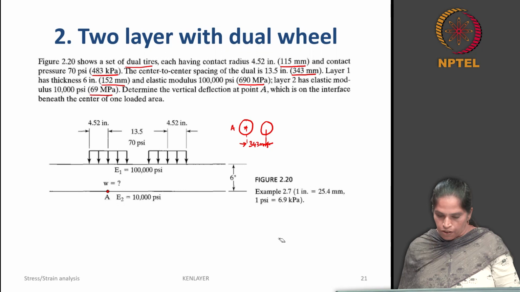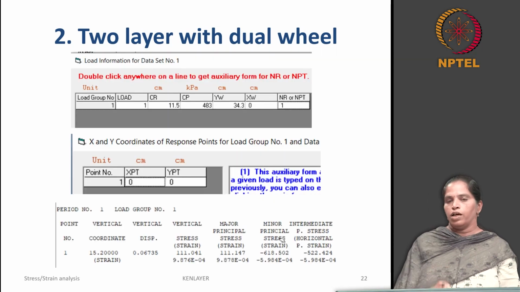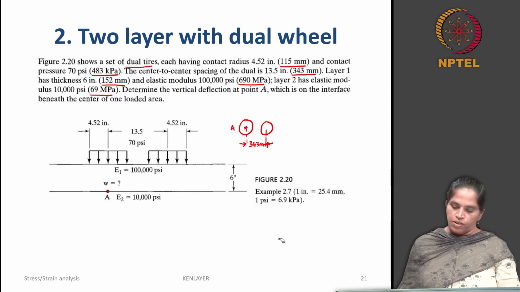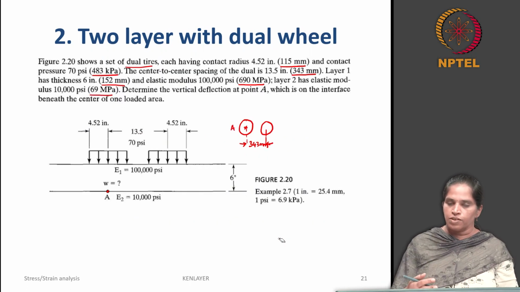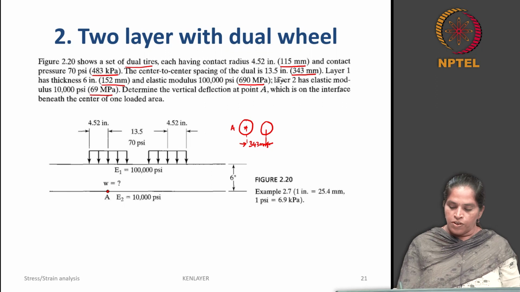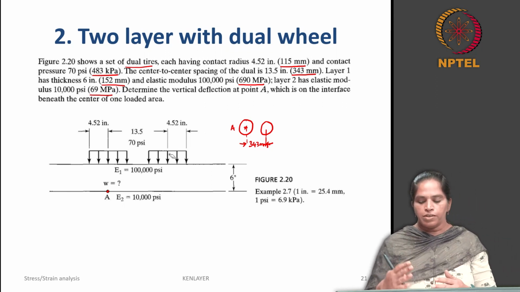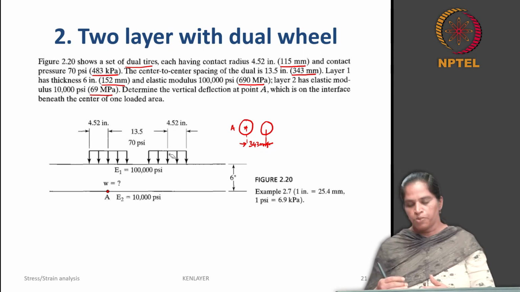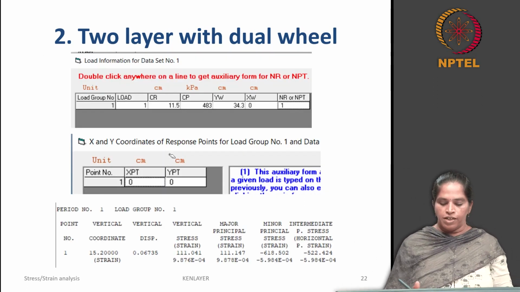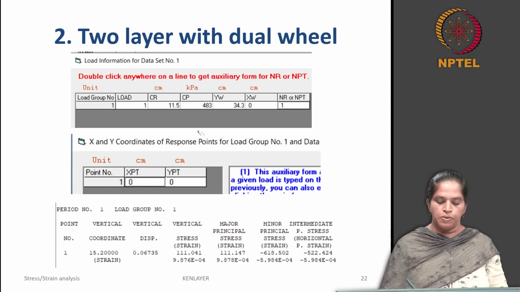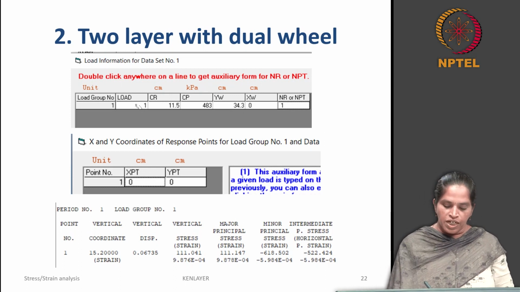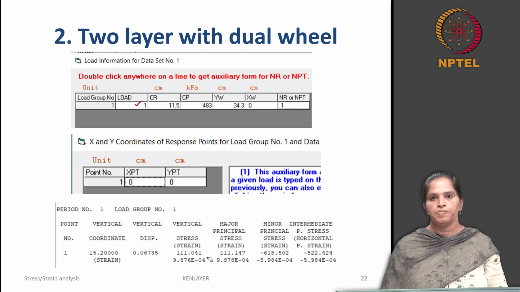Now let us see how to give the input. All input here remains the same, and the only difference from the previous problem is that we are going to use dual wheels and change all the numbers as per this problem. Now we will see only the dual wheel input here. You need to assign 1 for dual wheel.